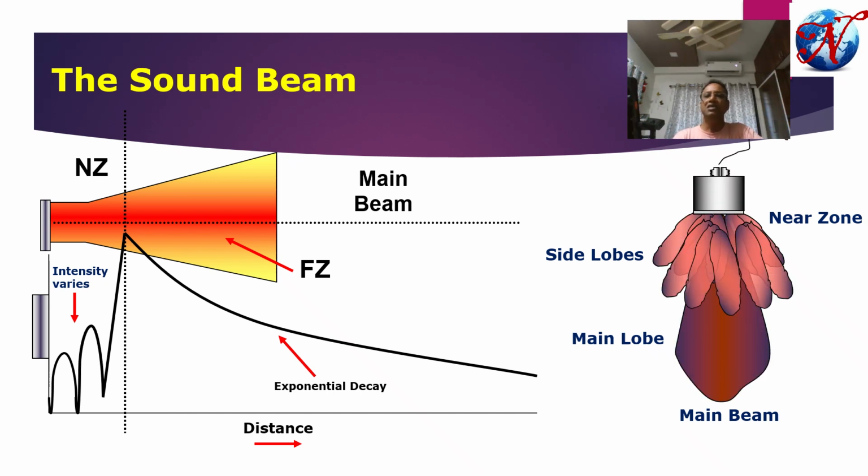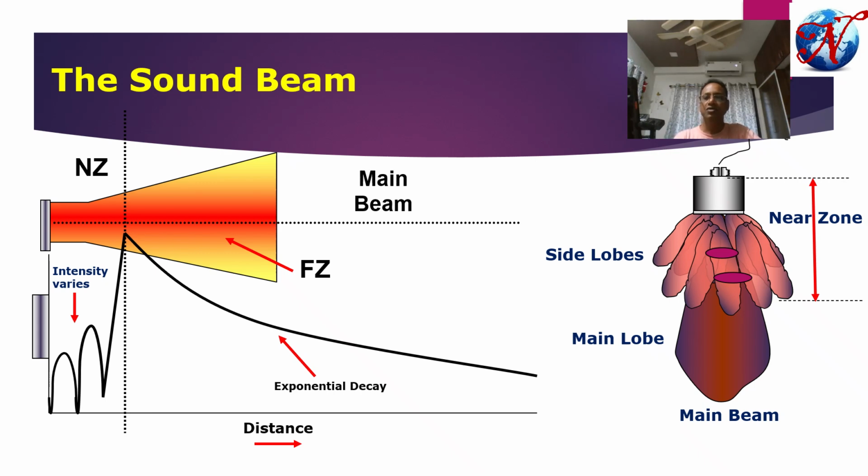And that is known as the far zone. Here it is the probe crystal. So we can say in the near zone, there are multiple areas where the pressure is not uniform. And due to the non-uniform distribution of the pressure, sizing of the defect during the inspection will be very, very difficult.